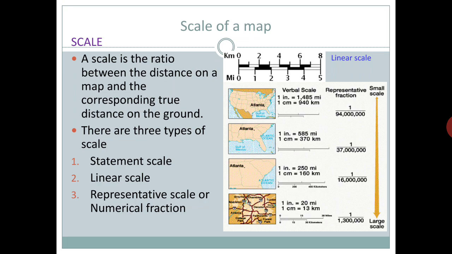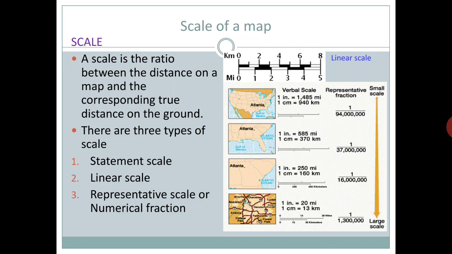As I told you, 1 centimeter is equal to 100 meters. That means if we measure 1 centimeter on a map, then the distance between two places on the ground will be 100 meters.